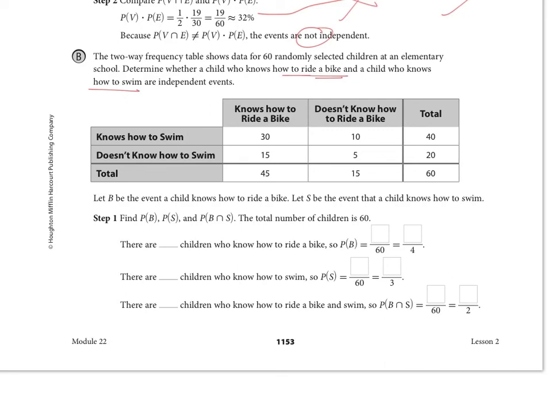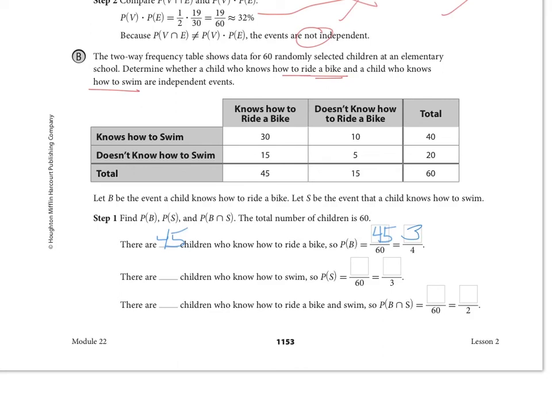So the probability of being able to ride a bike: there are 45 children in that first column who know how to ride a bike. That's 45 out of the total number of children in the two-way frequency table, which is of course 60, and that reduces to 3/4.